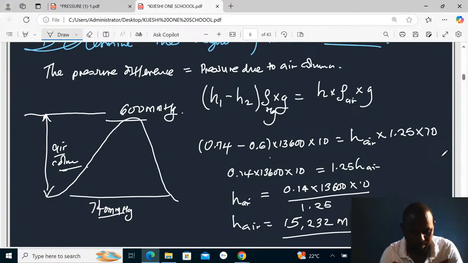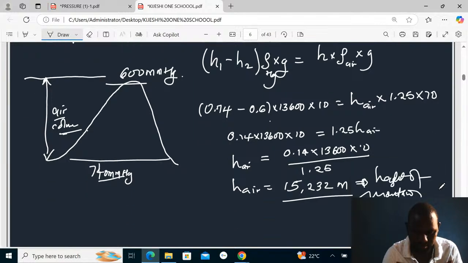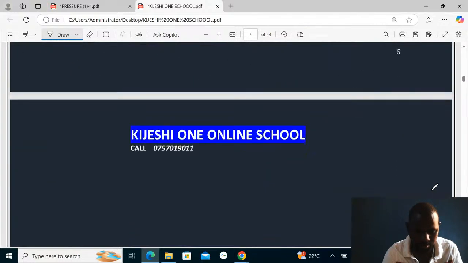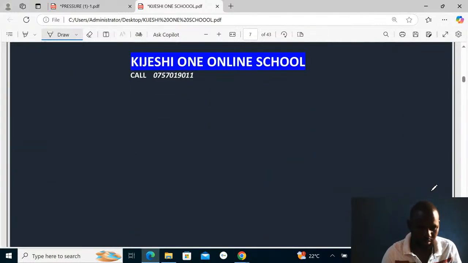Get also one application, where you can be having a diagram like this.